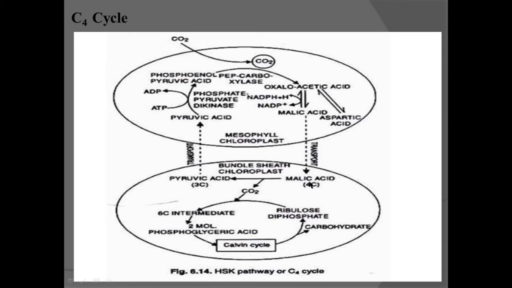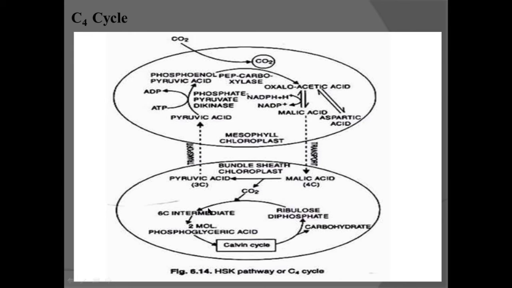Now in the bundle sheath cell, malic acid undergoes oxidative decarboxylation, 1 carbon dioxide is released, and the 3-carbon compound pyruvic acid is formed with the help of the enzyme malic enzyme. Now this released carbon dioxide enters into the C3 cycle.